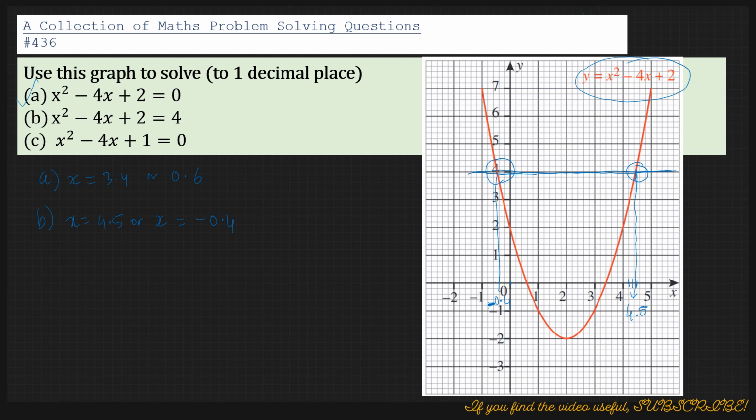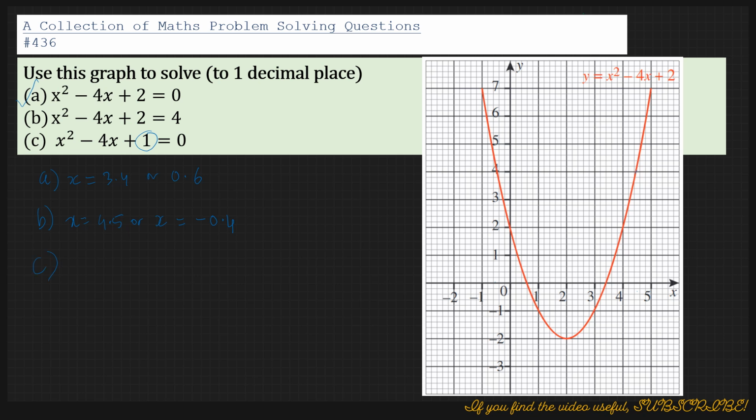So for the third one, x squared minus 4x plus 1 equals 0. So you see, we could have written y in that instead of writing this term.